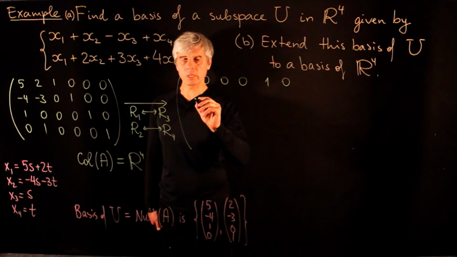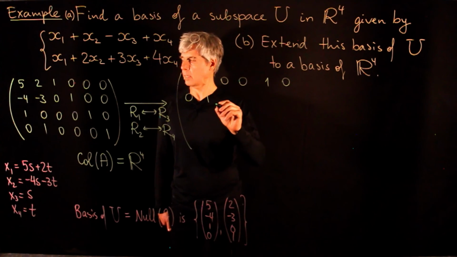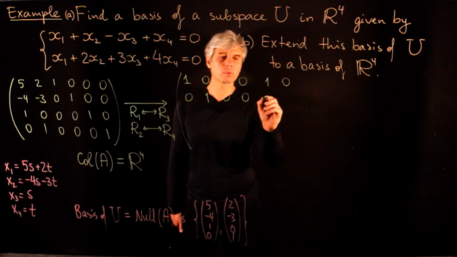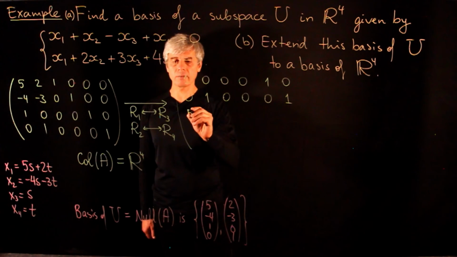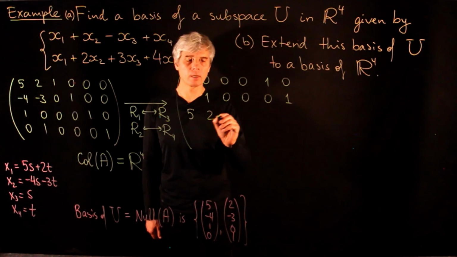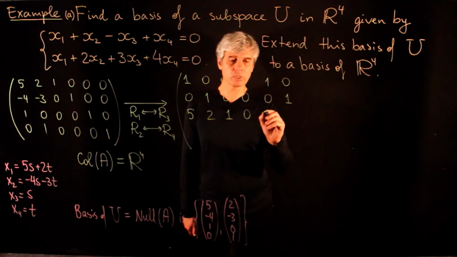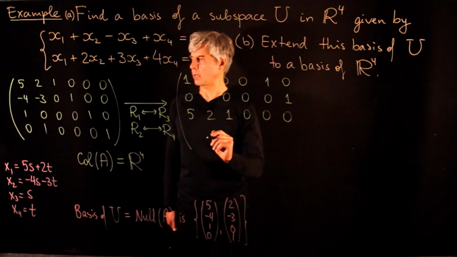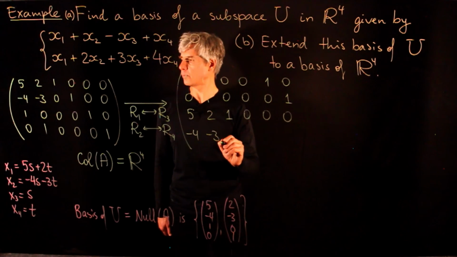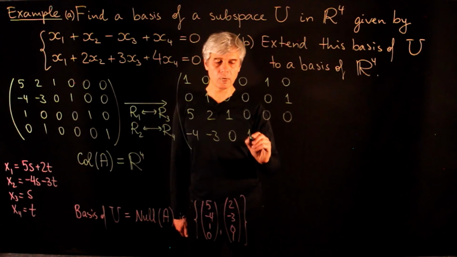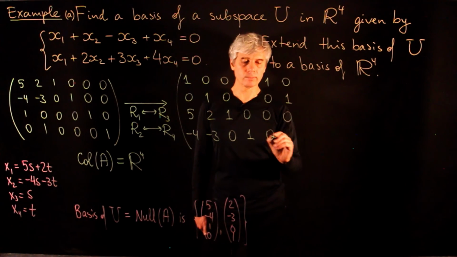Then the second row is 0, 1, then 0, 0, 0, 1. And then we have a row 5, 2, 1, 0, 0, 0. And then negative 4, negative 3, 0, 1, 0, 0.